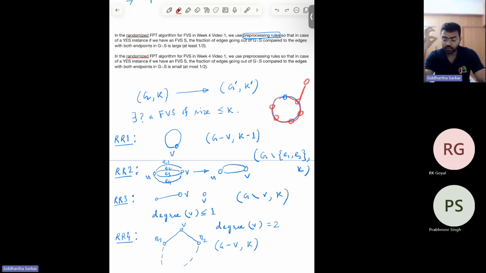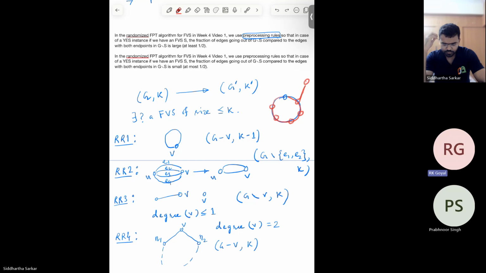So you want to retain this information. Even after deleting V, you want to retain the information that there could have been a cycle that involved V. If there were no cycles, then fine. So you want to make a construction that retains the originality of the graph.